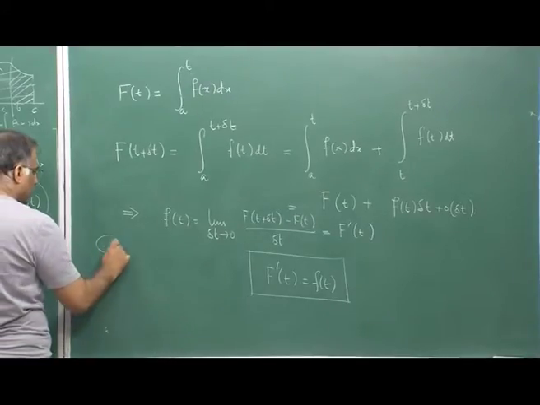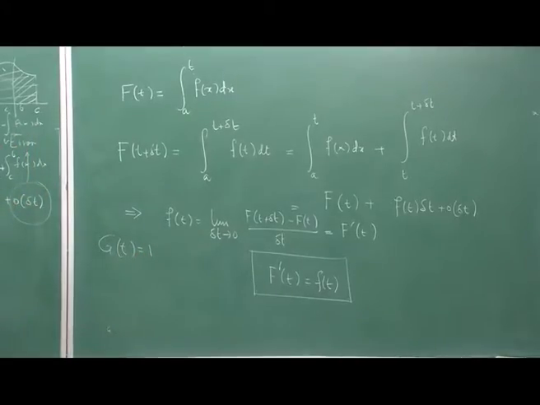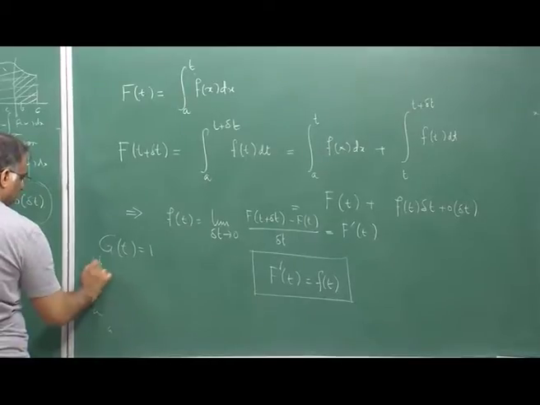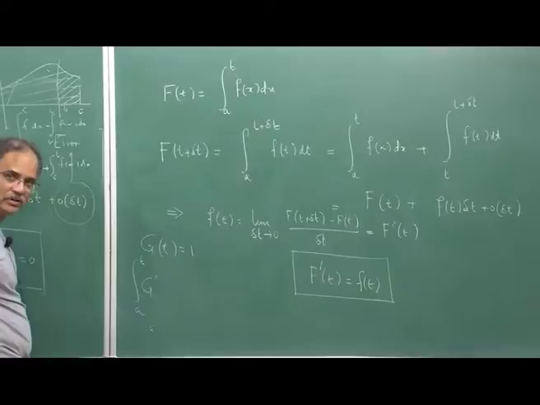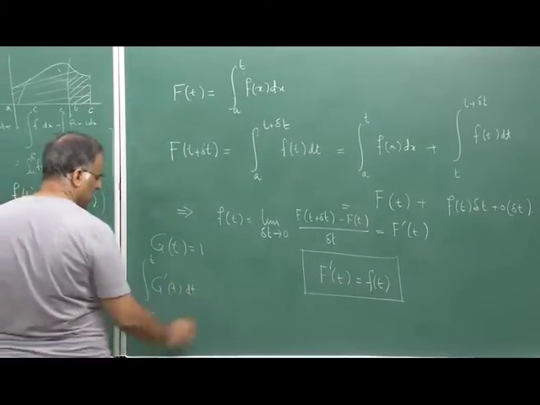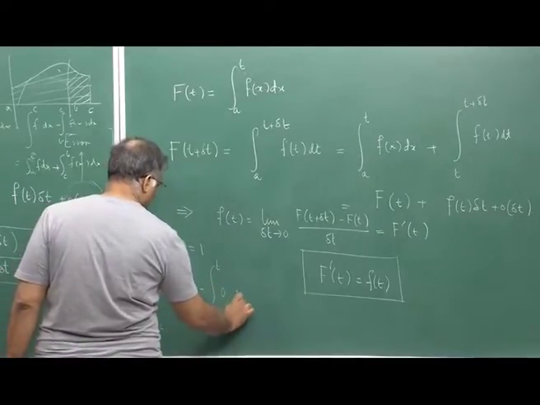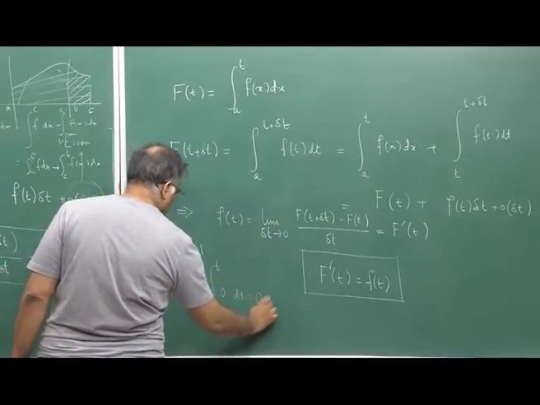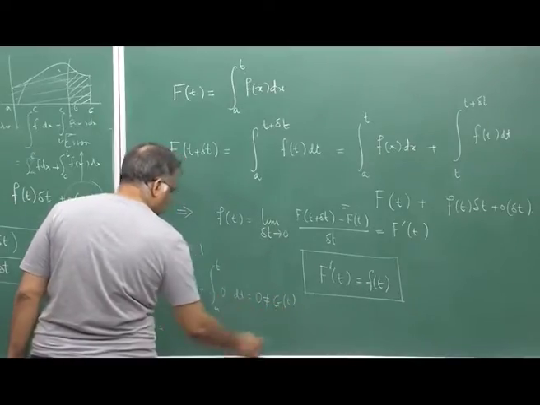So for example, I consider the function g t equal to 1, right? So let me take the integral from a to t. It is a differentiable function, continuous. The integral from a to t of g dash t dt, that is the integral from a to t of 0 dt, which is 0, and it is not equal to g t.